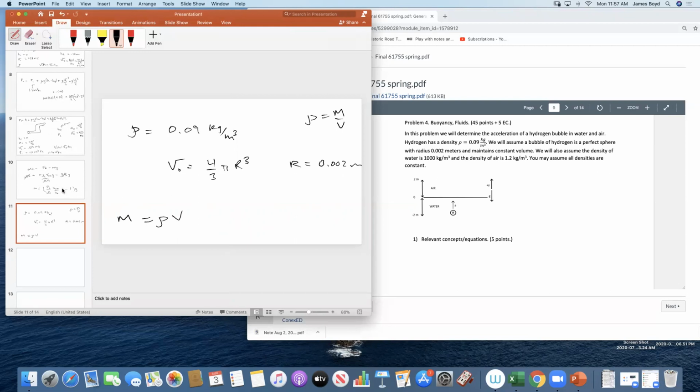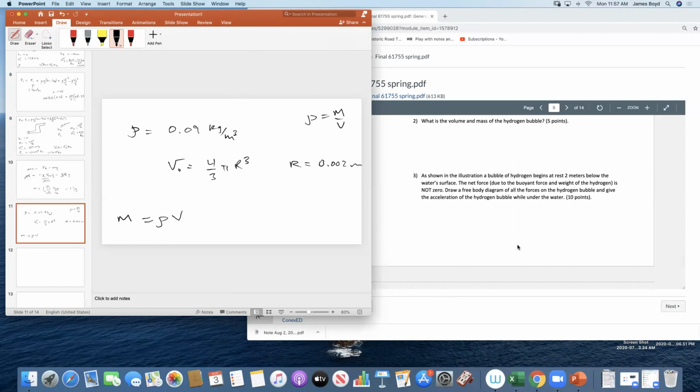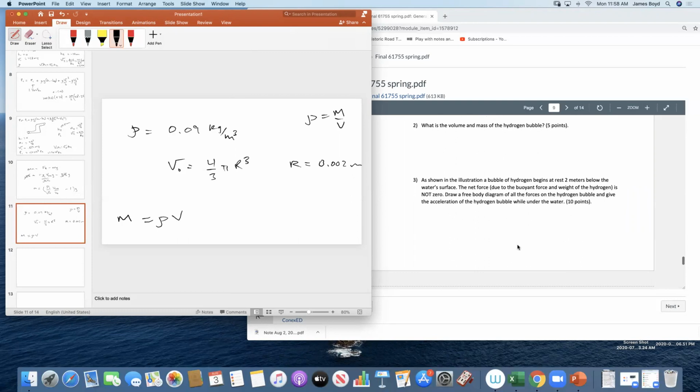Second thing that I wanted was, sorry, my dogs are walking around. If it begins, draw a free body diagram. So the free body diagram would be the buoyant force, weight, mg, and a, I'm guessing, would be positive upward. You see bubbles rise in your soda, right?